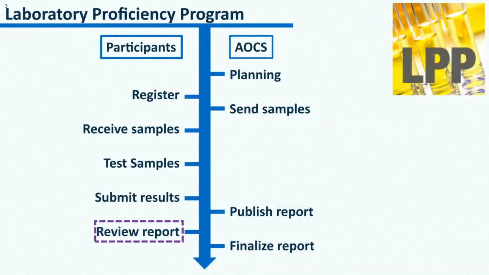From a participant's perspective, the Laboratory Proficiency Program goes through 5 steps: register, receive samples, test samples, submit results, and review report. In this presentation, I'm going to focus on the last part, review report. This report is published every quarter.